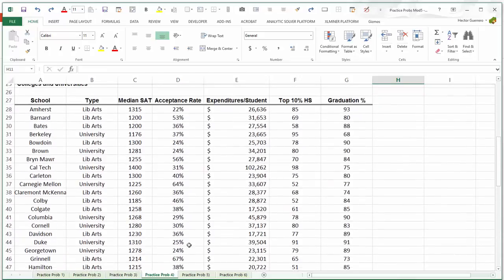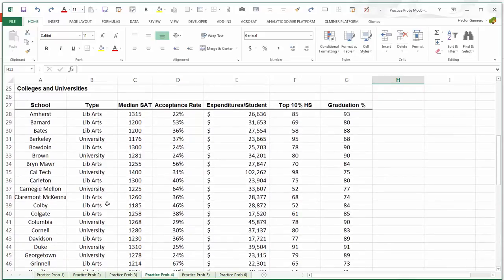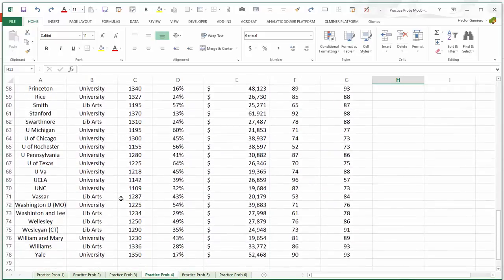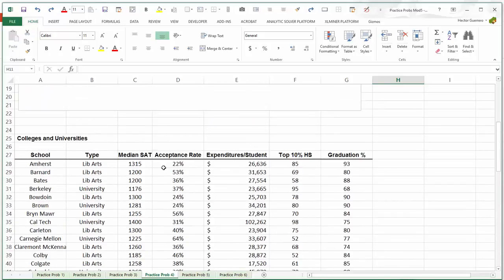And we have data on these schools, the type of school that they are, whether they're a university or a liberal arts sort of school. William and Mary is considered a university because it has a little bit broader focus than a place like Wesleyan or Wellesley or even Washington and Lee. We have their median SAT, their acceptance rates, and also information about expenditures, the percentage of top 10 students that they accept, and the graduation rate. Of course, these are all important features.